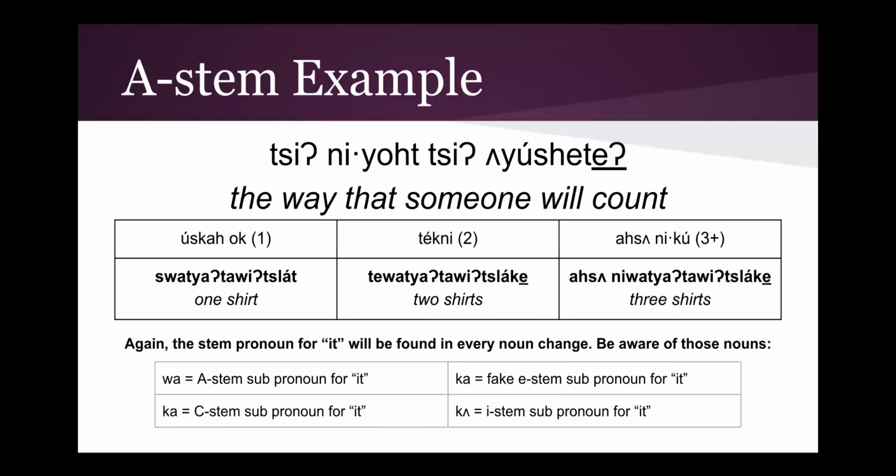If it's more important to the speaker to get the information across that it's 2 shirts that are being talked about, then they might want to say, "De wajat dewits lage wajat dewits dios."